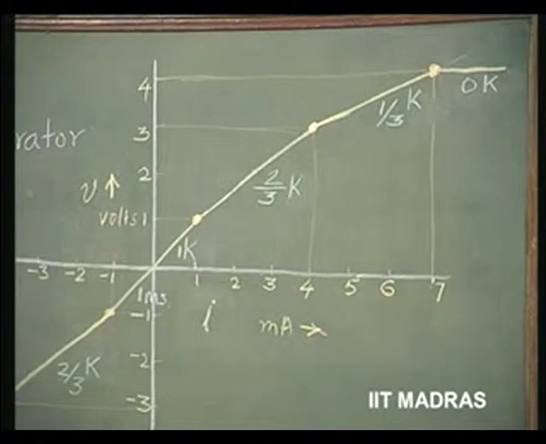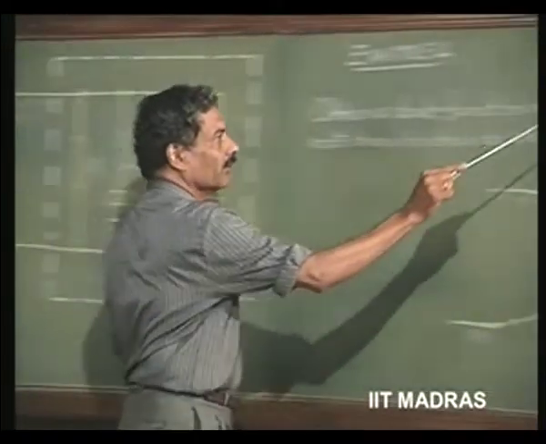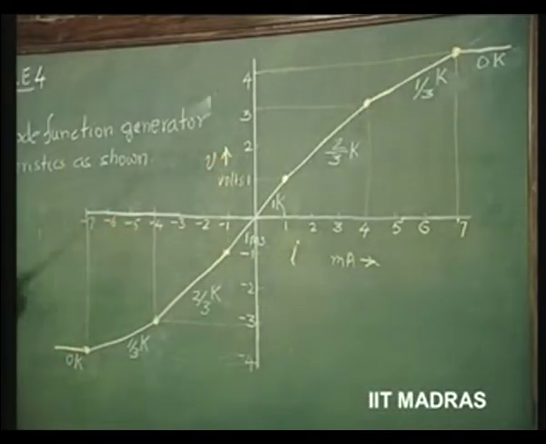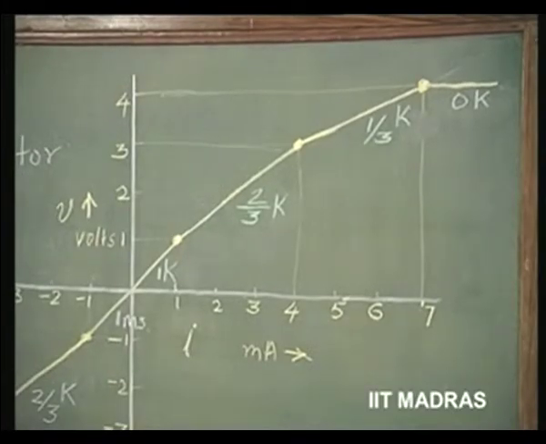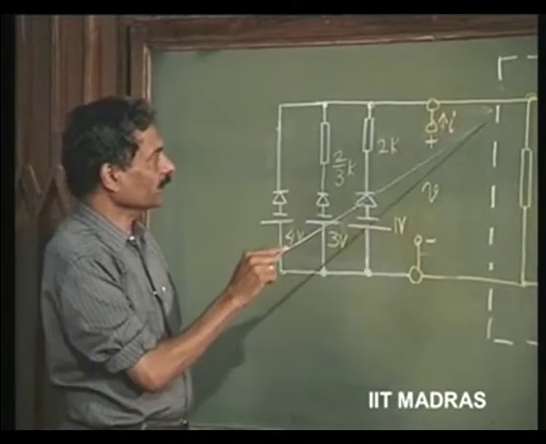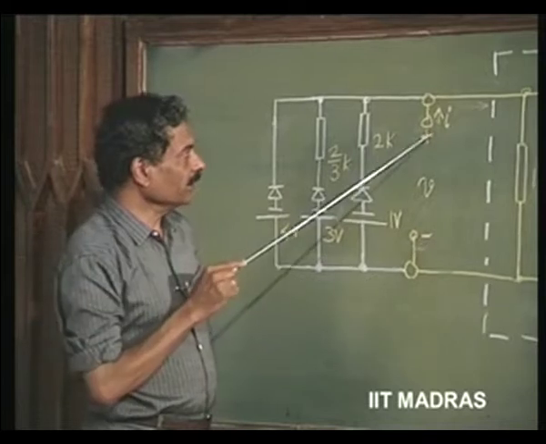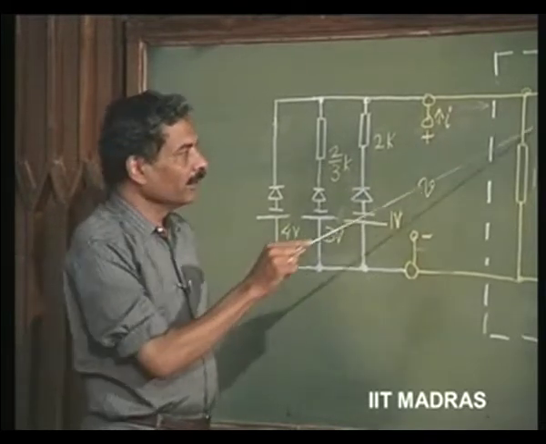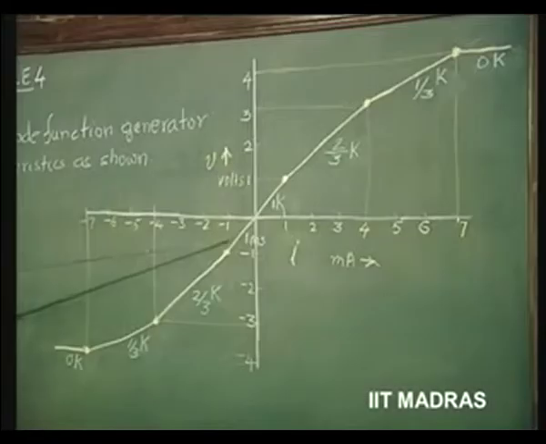So, I am just putting here, let us say this is the black box initially generating this portion of the waveform. Let us concentrate on this portion of the waveform, that is when both V and I go positive. So, V is positive with respect to this, I is positive this way. So, when V is positive and I is positive, we have this 1 kilo ohm resistance giving the required slope here.